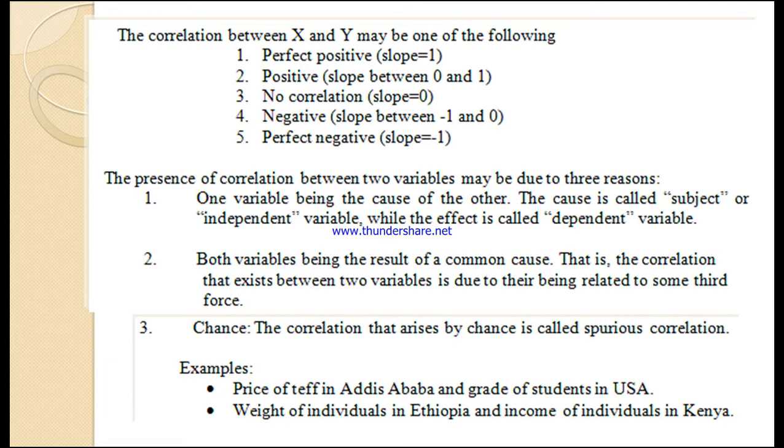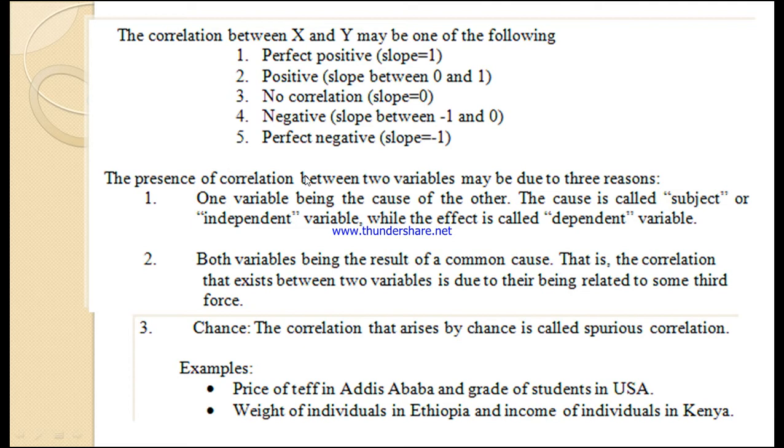When the slope of the equation is 0, we determine that there is no correlation between the two variables. When the slope is between -1 and 0, the correlation between the two variables is negative. And when the slope of the equation of x and y is -1, we can say x and y have a perfect negative correlation.